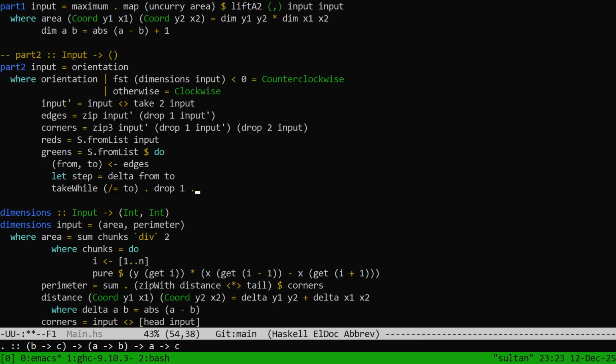I think it would be fine to keep the first one in, because that should be the corner. And the corner is already included in reds, and I don't care about the difference between reds and greens. But just to be clear, let's drop 1.